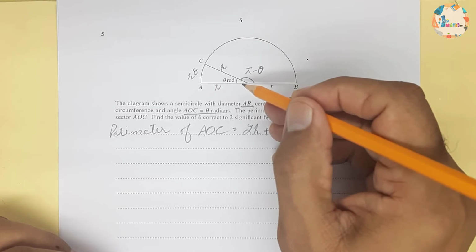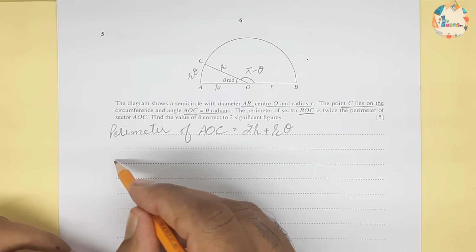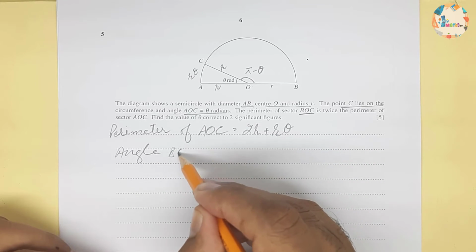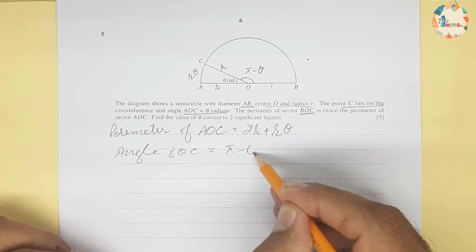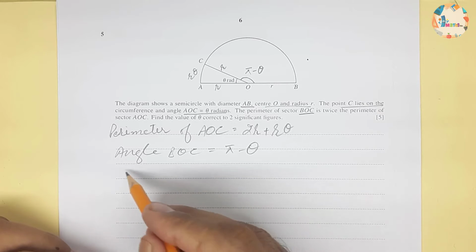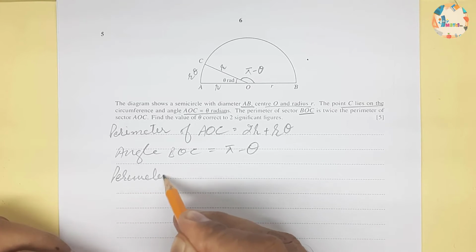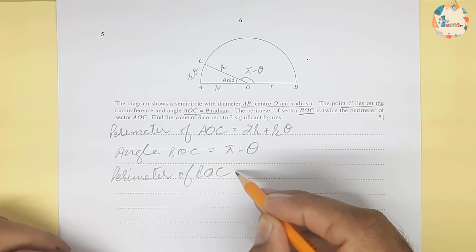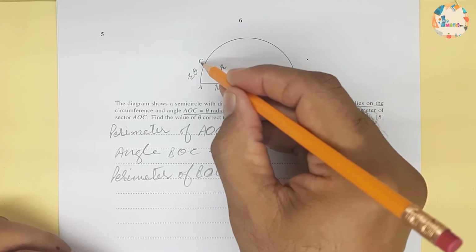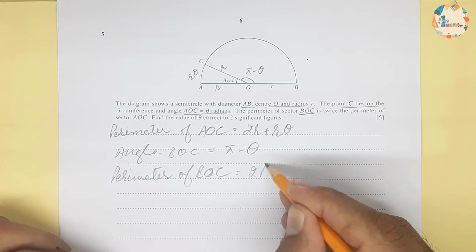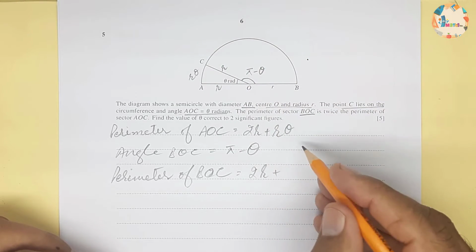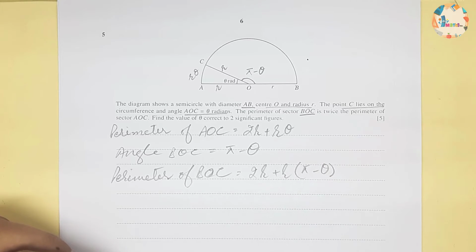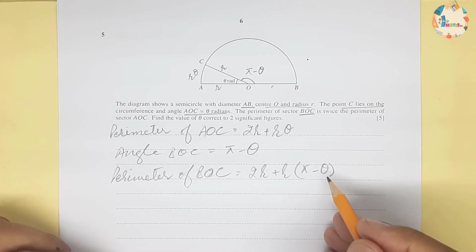So angle BOC is equal to pi minus theta, which we have indicated on the drawing, and perimeter of BOC will be equal to 2r plus this length, which will be r into pi minus theta.